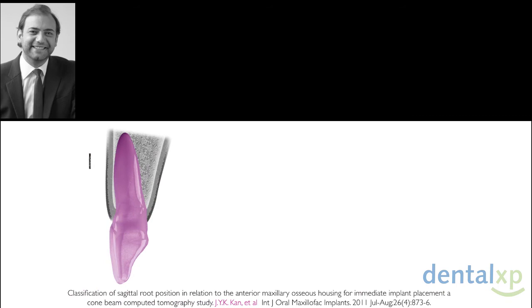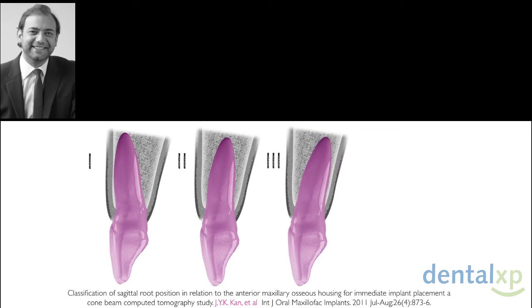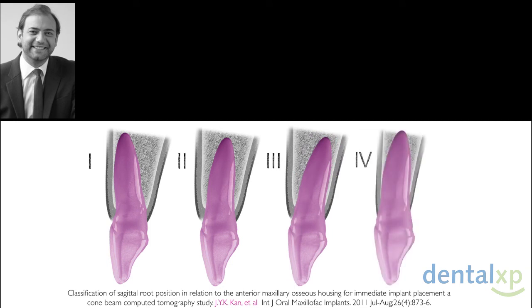Now, in the last minutes, this is something which is very important. We all know the types and the risk assessment from the Atlanta group, the Atlanta team. One additional assessment I found to be very helpful in my planning is this classification of sagittal root positioning by Joseph Kan.